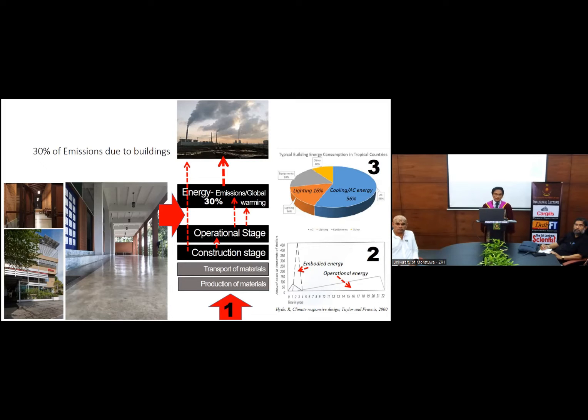Altogether, nearly 72% of energy during the operational stage is either for lighting or cooling. So there is a concern about whether we can reduce this amount of energy during the operational stage. It doesn't mean that you need to design buildings completely free-running, but you can minimize the unnecessary demand and optimize the situation inside.